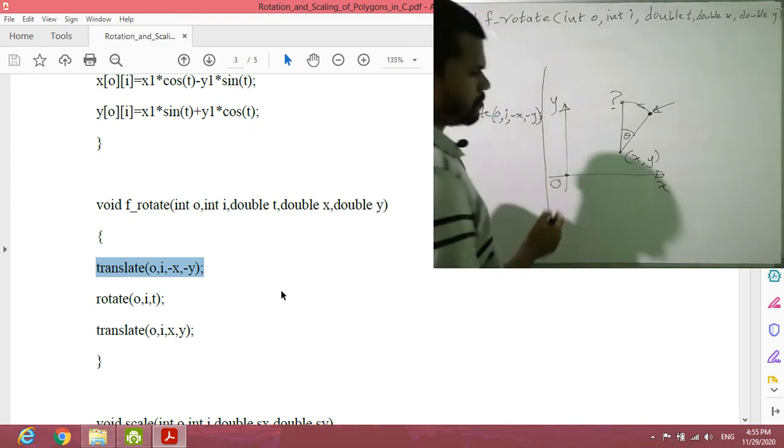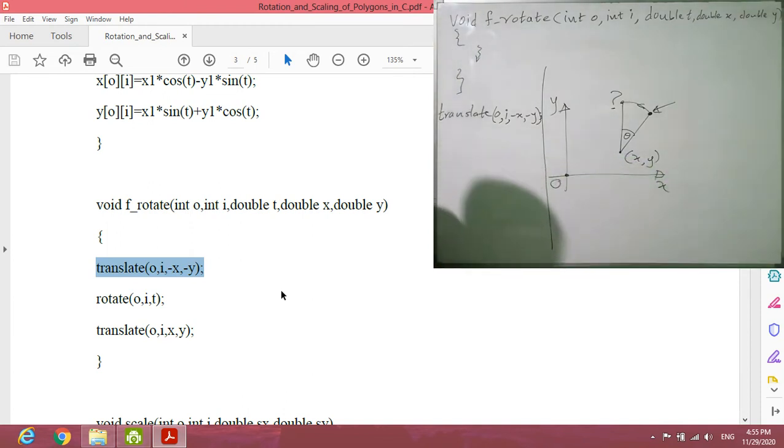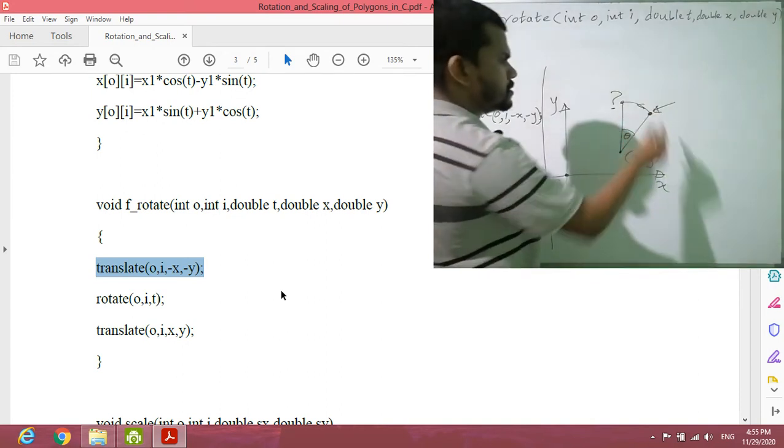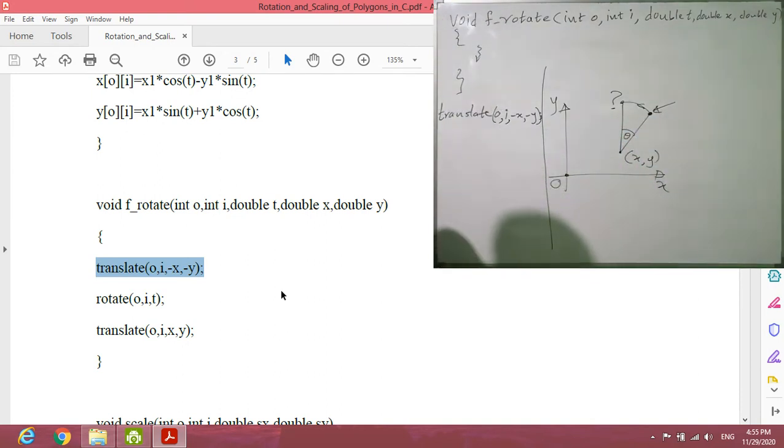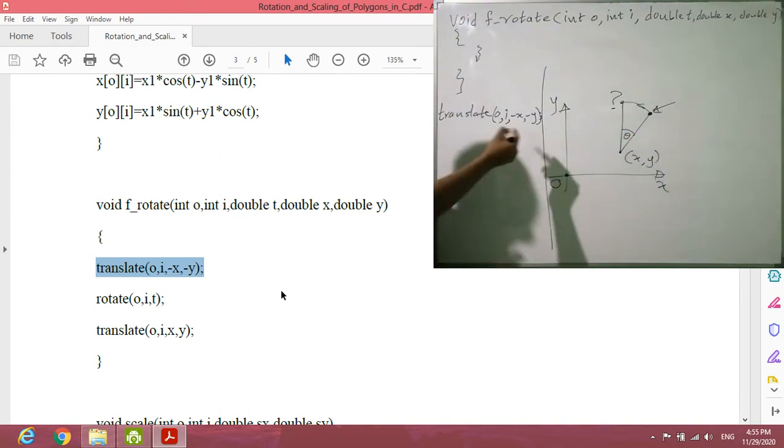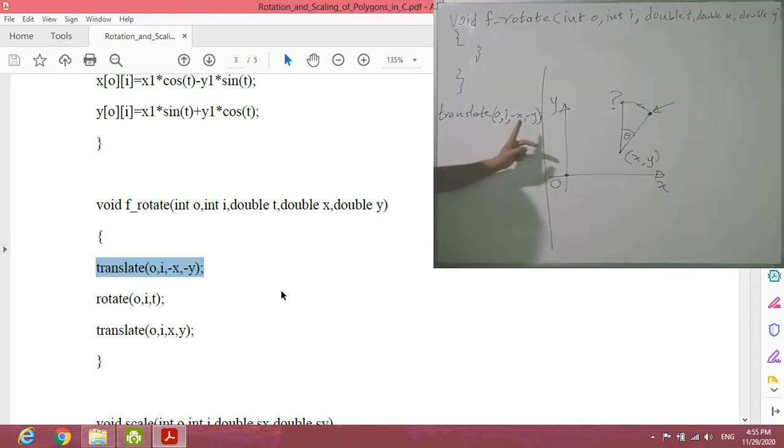That means this particular point is translated by minus x amount along the x direction and minus y amount along the y direction.